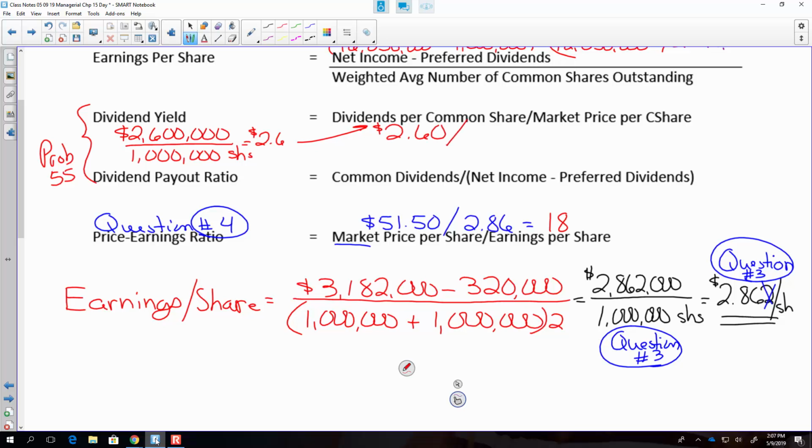And I'm going to divide that by our market price, which is $51.50. So it doesn't look like 10%, right? What are we looking at here? About 5? Yeah, 5.0%.